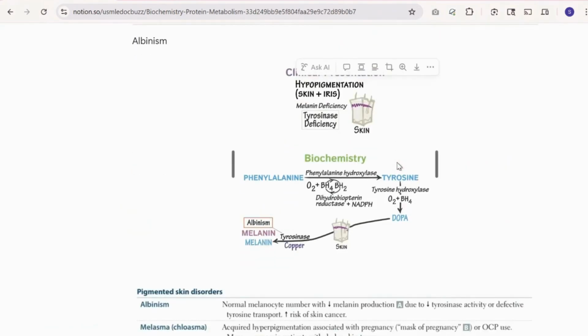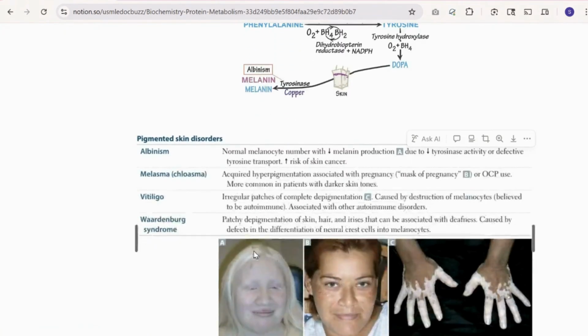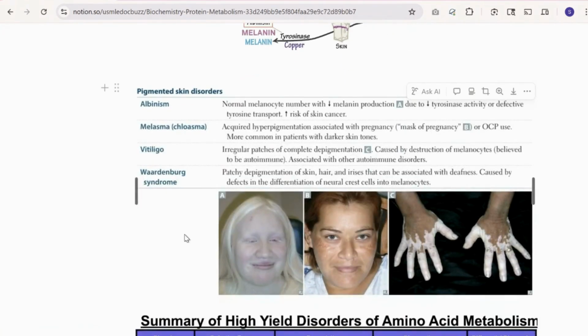Okay. Albinism, we kind of saw it already, but I've just placed it here again because this is all tyrosine based again. So phenylalanine hydroxylase not making tyrosine, right? Tyrosine not making melanin. You see, copper is also mentioned here. Important. Okay. They've given you the pigmented skin disorders. I've added them here for your differential, right?